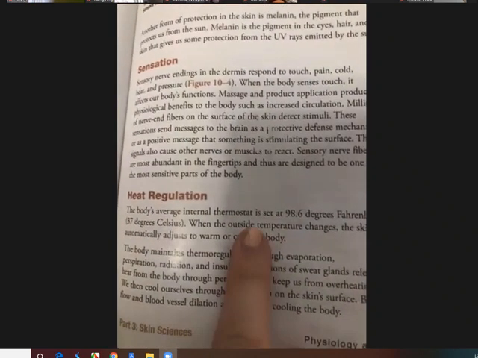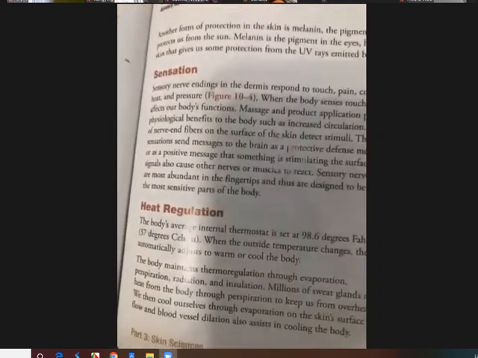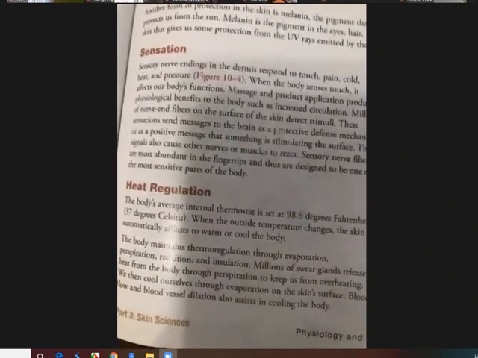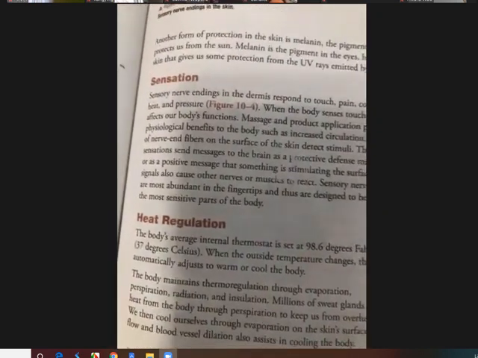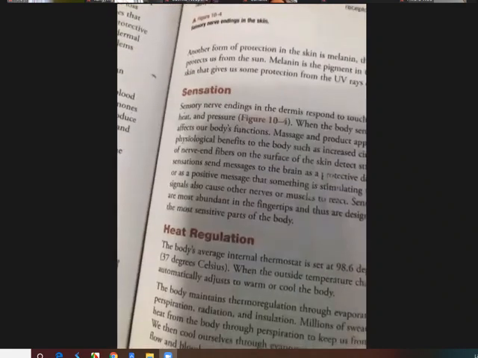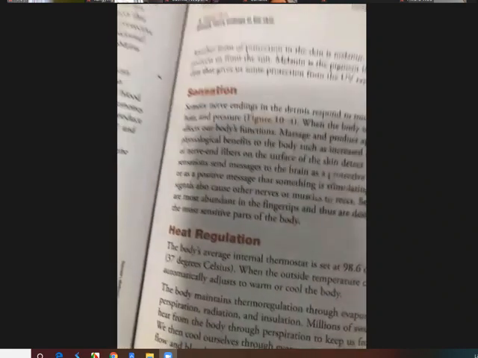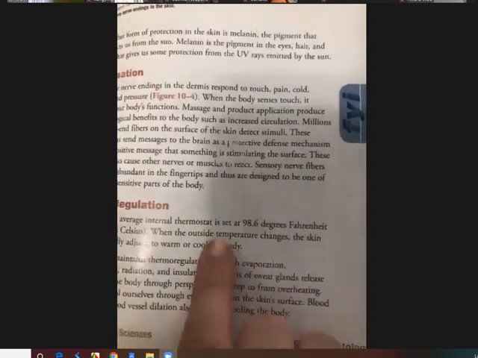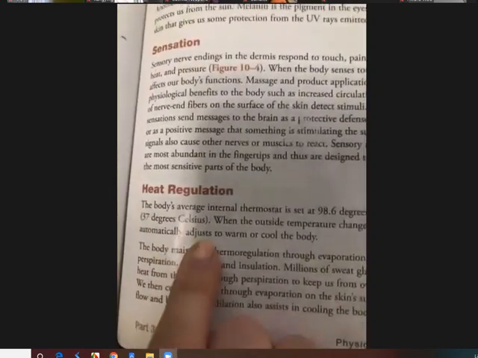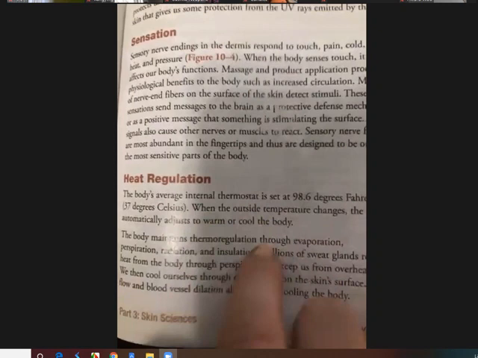If it's winter, our body will close up the pores to prevent losing heat. When it's summertime, because we're hot, we start to sweat, and the sweat helps cool down our body temperature.